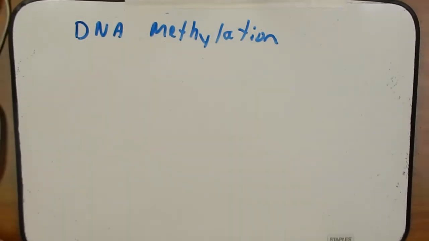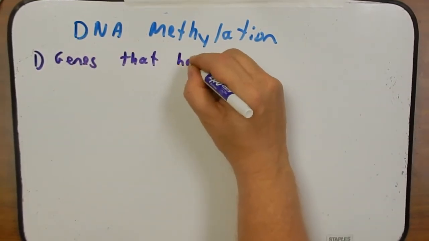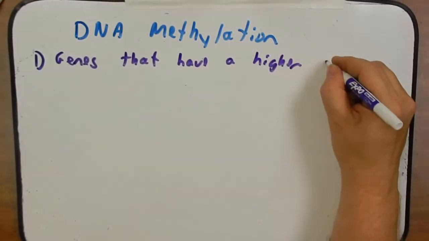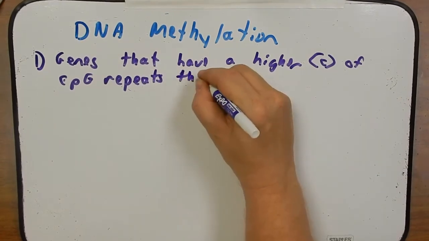So not this. Okay, now that we just introduced these CpG islands, I want to talk about two broad classes of genes that would have these CpG islands. The first are genes that have a higher concentration of CpG repeats than would be predicted.